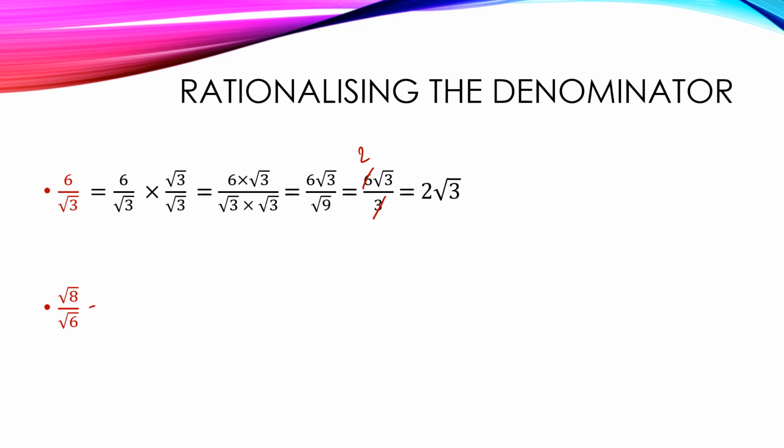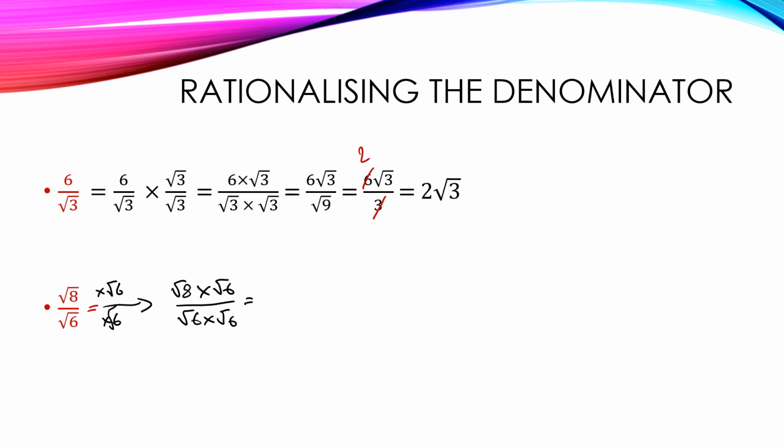So here, we want to rationalize the denominator. So we're going to multiply everything by the bottom, identical. Remember, the denominator is the bottom number. So we're going to multiply everything by square root of 6. And then we're going to multiply this one by square root of 6. So what does that give us? That gives us square root of 8 times square root of 6, and square root of 6 times square root of 6.